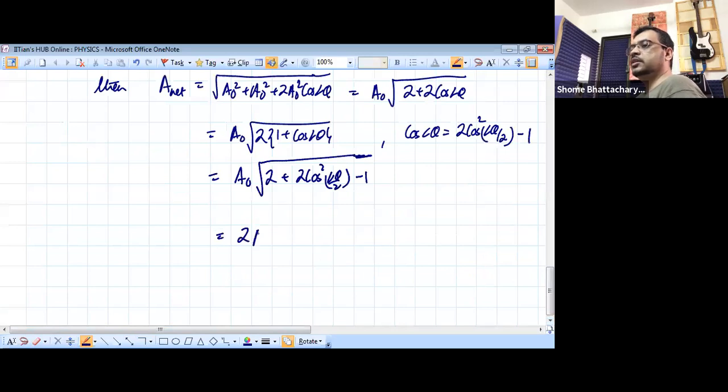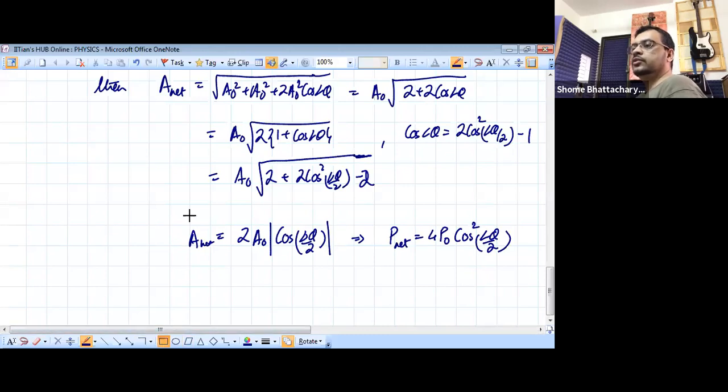It becomes 2 times E naught mod of cos delta phi by 2, because this 2 and 2 cancel out. All right, so this becomes the equivalent formula when you're dealing with this situation.